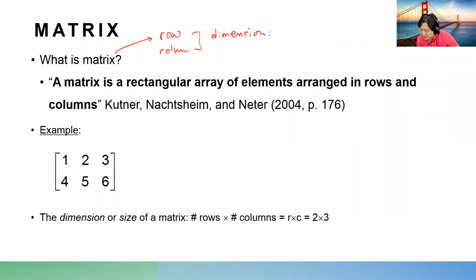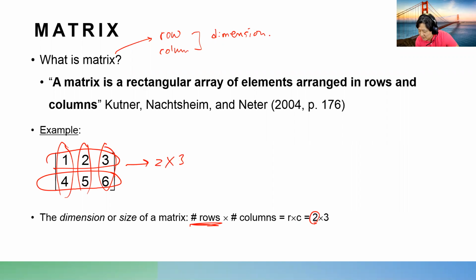For example, in this case, how many rows do we have? 2, right? 1 and 2. So the number of rows is 2. And how many columns? We have 3 columns, 1, 2, 3. So this is a 2 by 3 matrix. Right. So this is a matrix.